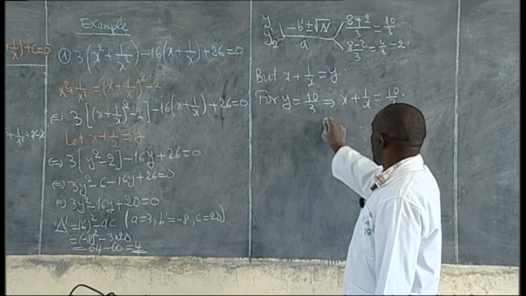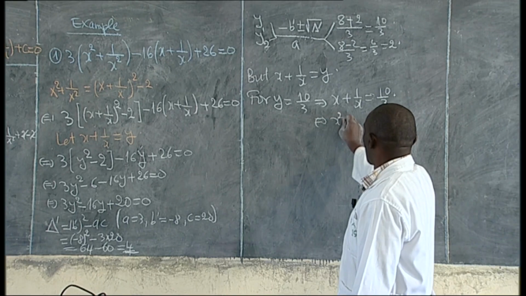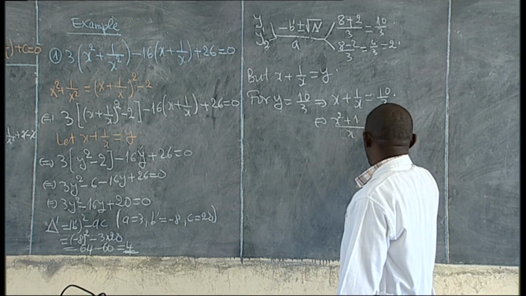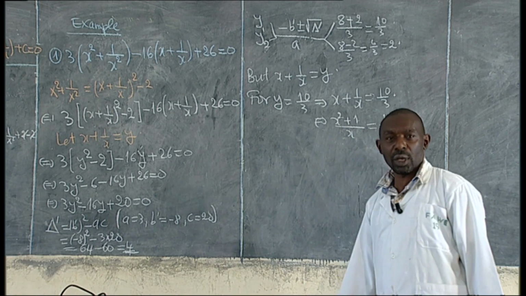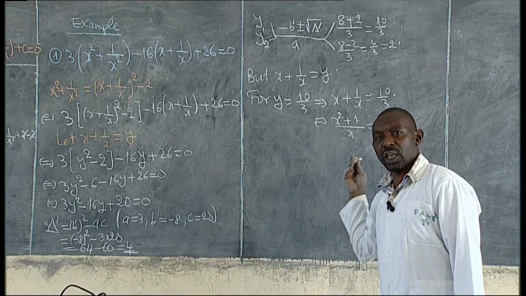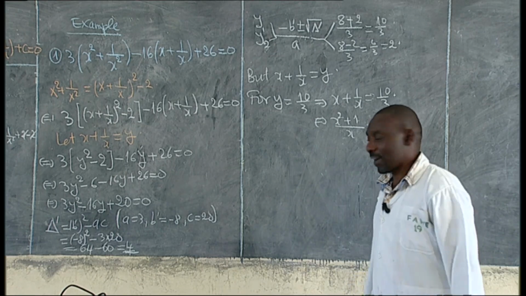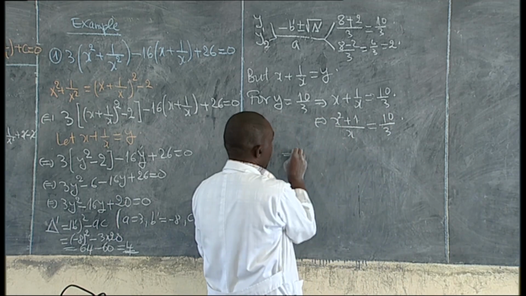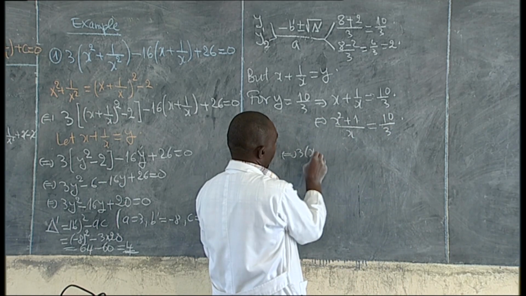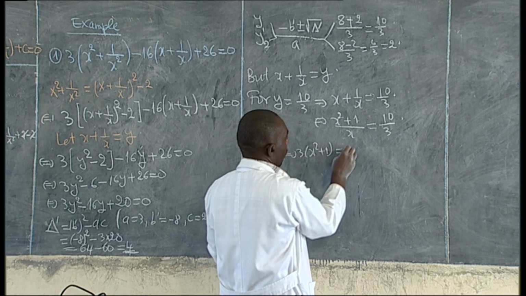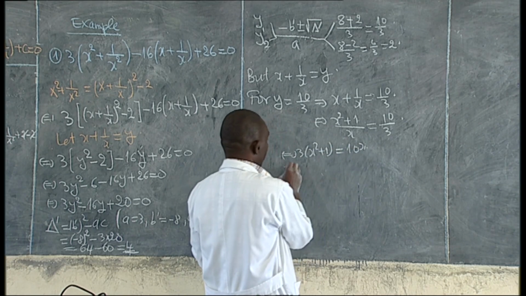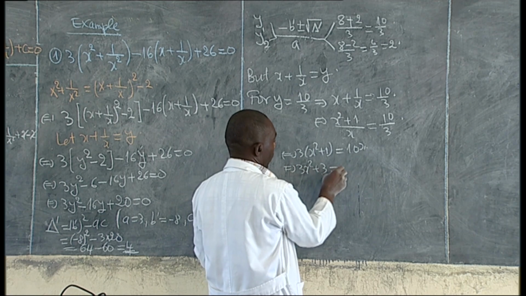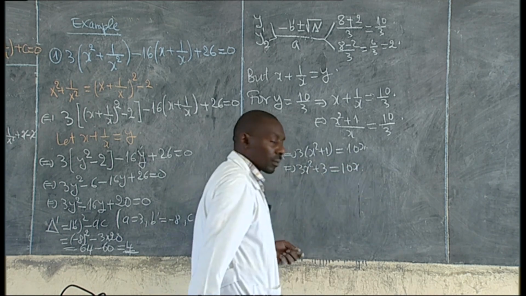This equation is similar to x squared plus 1 divided by x equal to 10 divided by 3. Are we together? Is it clear? Very nice. So by cross multiplication, I'll be having 3 times (x squared plus 1) equal to 10x. This is 3x squared plus 3, which is equal to 10x.